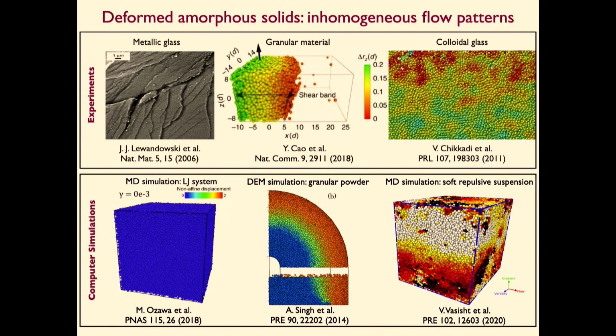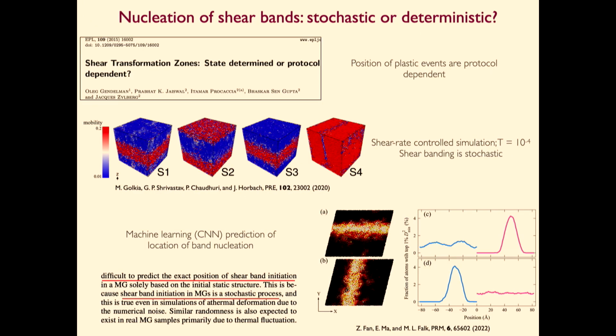For example, in this colloidal glass, where particles are color coded with their velocity, you can see some particles have relatively higher velocity than the others, and such observations have been made in various computer simulations in different systems also.